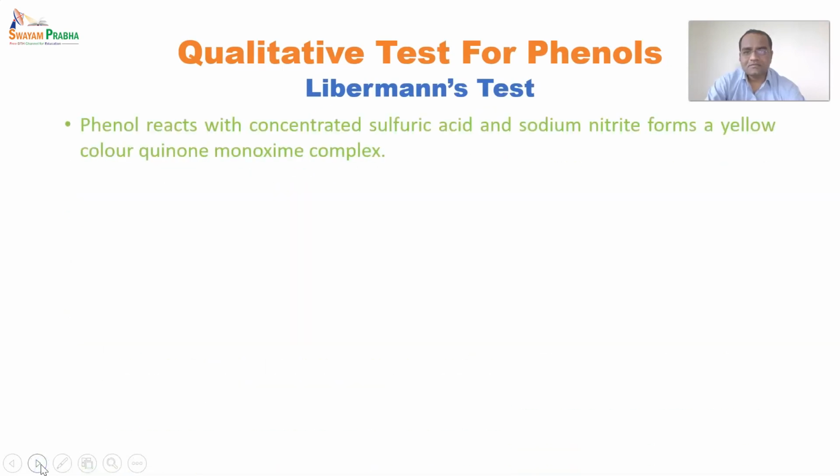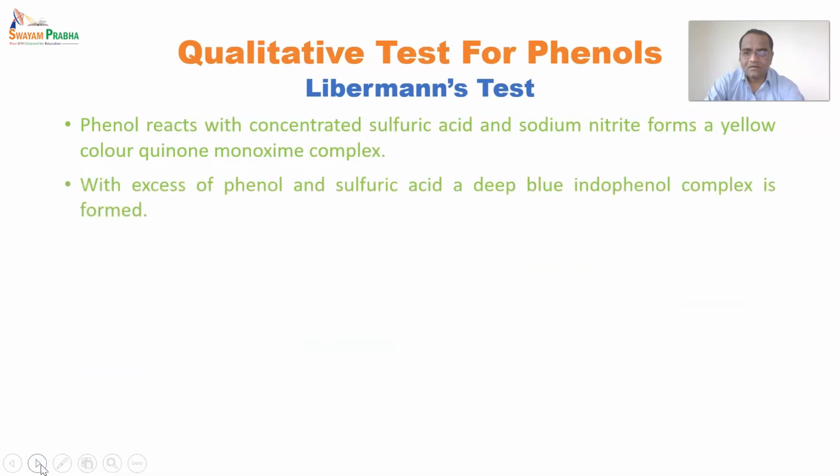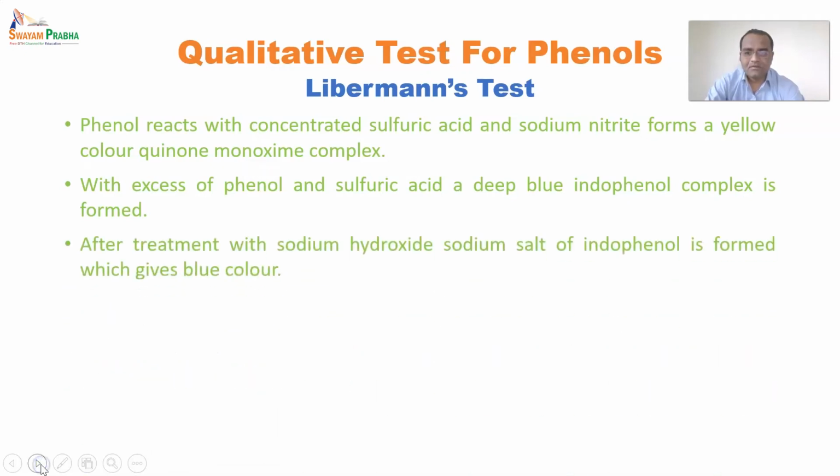Another test is the Liebermann test. Phenol reacts with concentrated sulfuric acid and sodium nitrite, and forms a yellow colored quinone monoxide complex. With excess phenol and sulfuric acid, a deep blue indophenol complex is formed, and after treatment with sodium hydroxide, the salt of indophenol is formed, which gives a blue color.